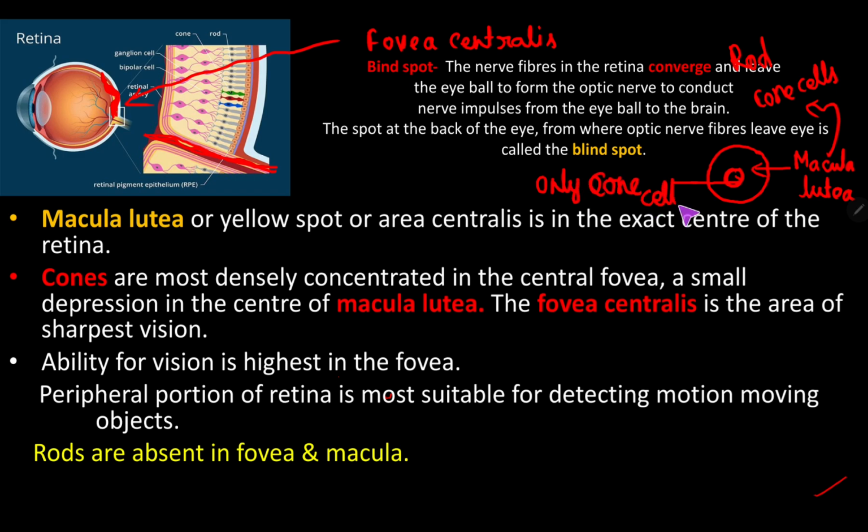And this fovea centralis is the region for sharpest vision. If light strikes there, the resolution of the image, the resolution of the object will be very, very clear.